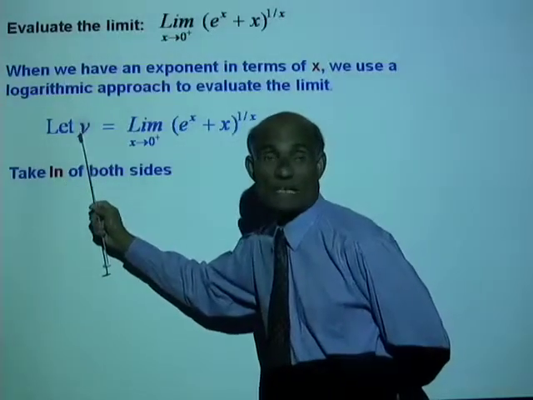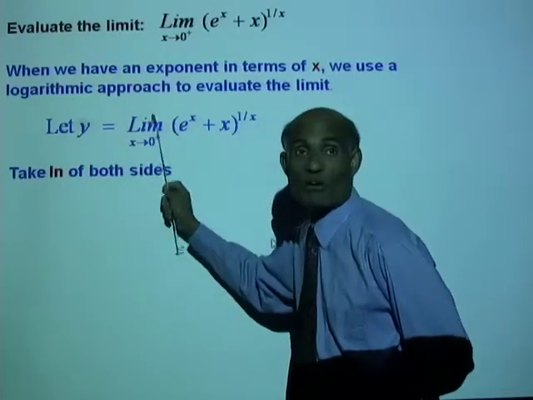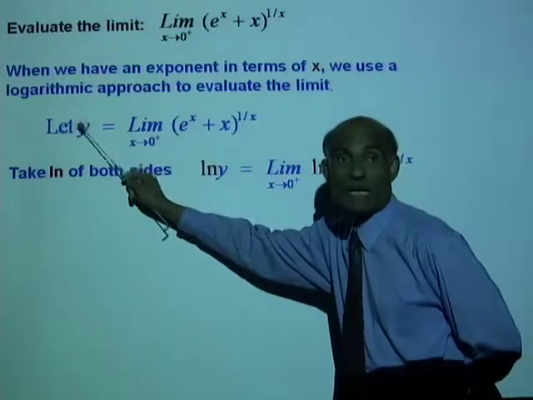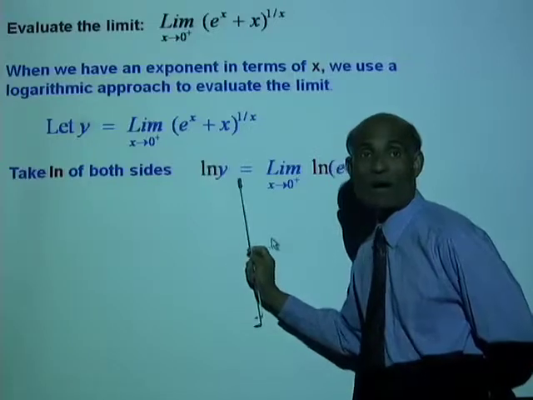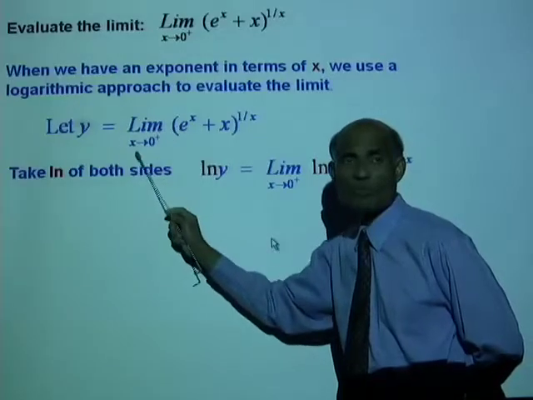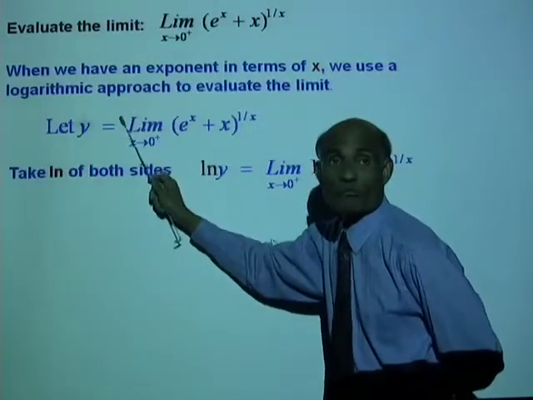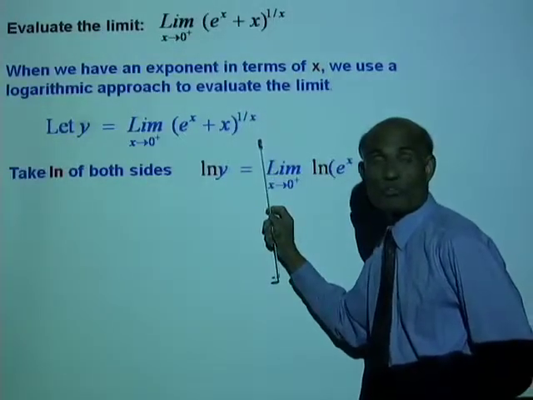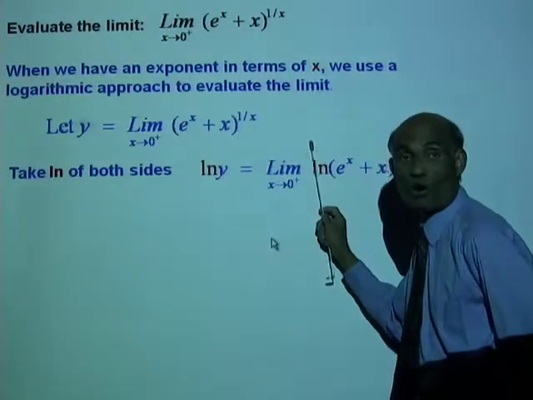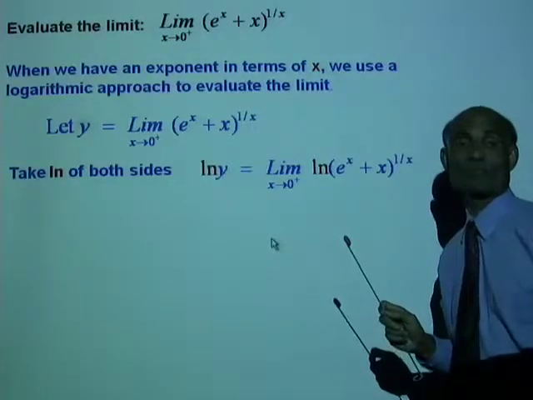Taking ln of both sides, the left side will be ln y, and the right side is ln of limit x approaches 0. We can put the limit outside the ln. So ln y equals limit x approaches 0 from the right of ln of e to the power of x plus x, raised to the power of 1 over x.